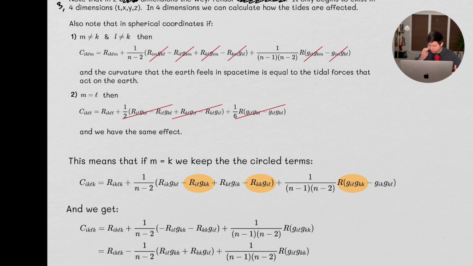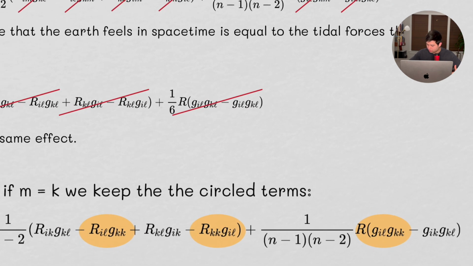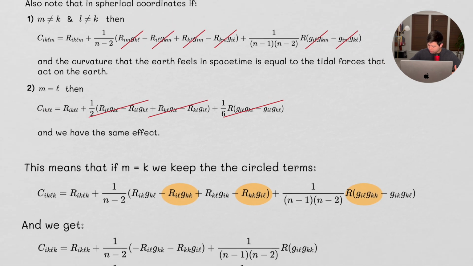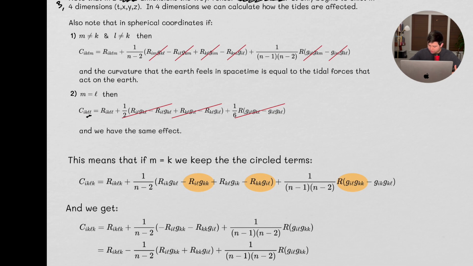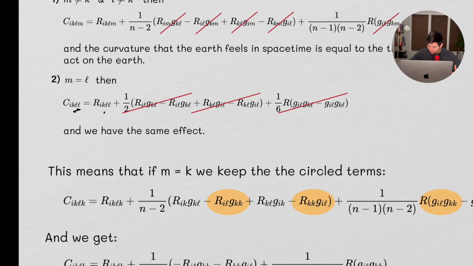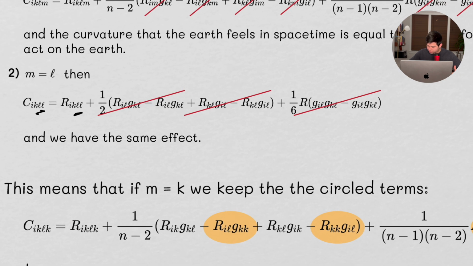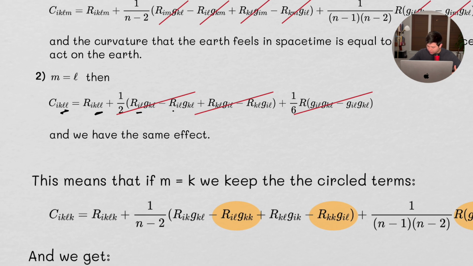Again, what's also not super interesting is if m equals L, right? Because then you get more things canceling out. If m equals L, you get this double L here, and you get double L here. But you see we have IL, IL, KL, KL. Well, those things are going to cancel then.